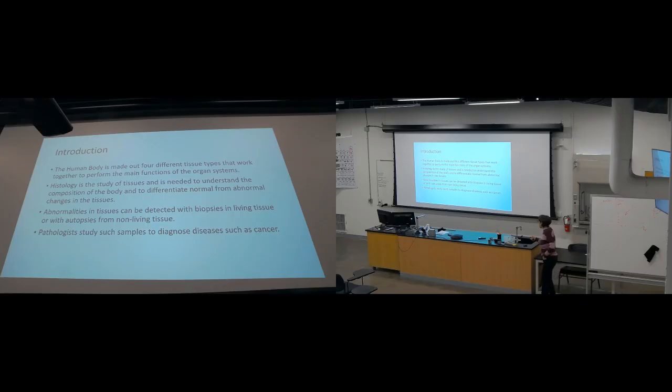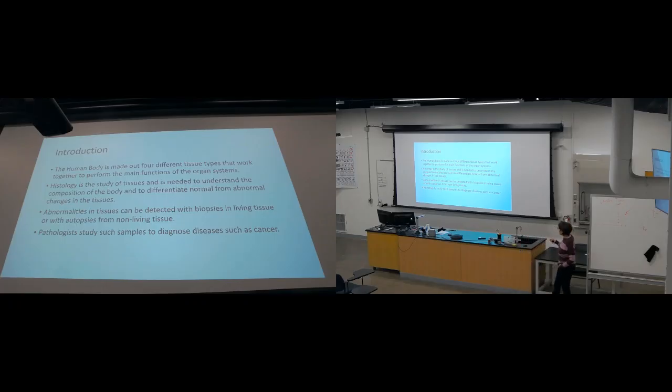Now, since histology is the study of tissues, a histologist needs to know how the cells look. And they need to know what the different types of cells are, what is perhaps the ratio of nucleus to cytoplasm, etc. So they need to have a deep understanding and knowledge about tissue types.